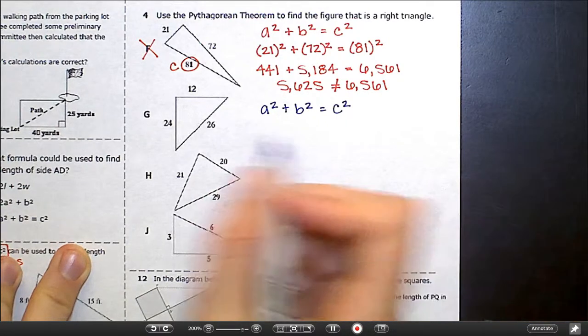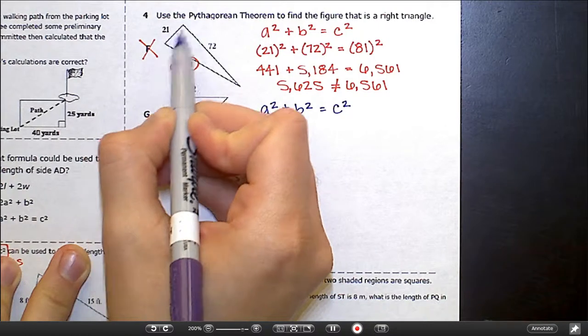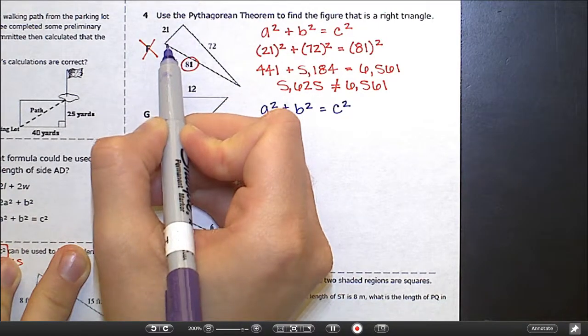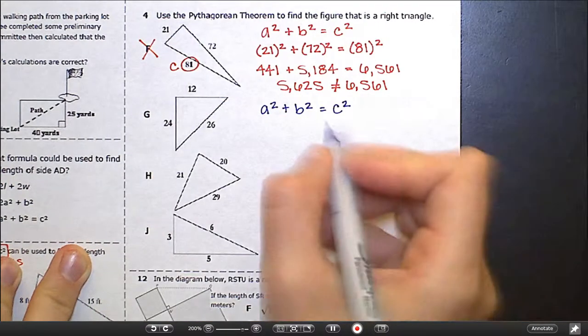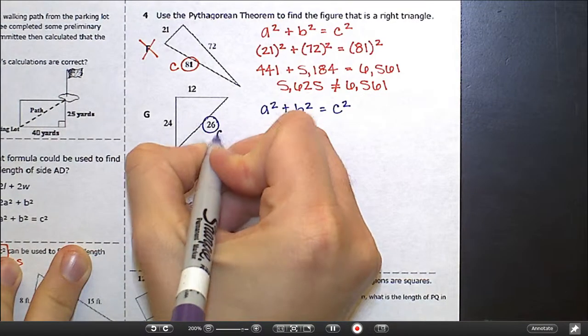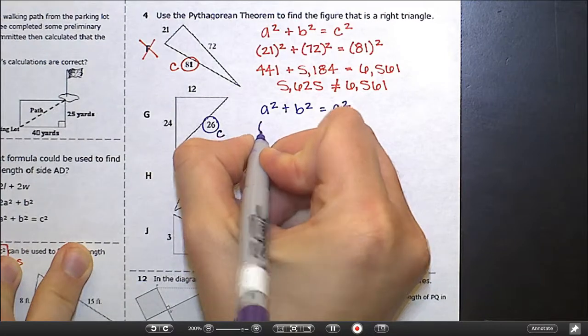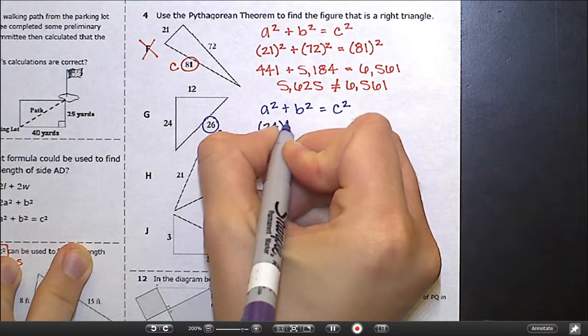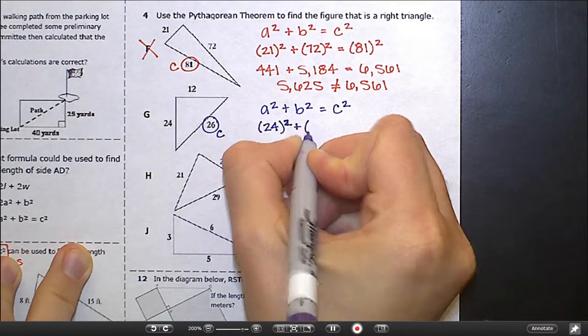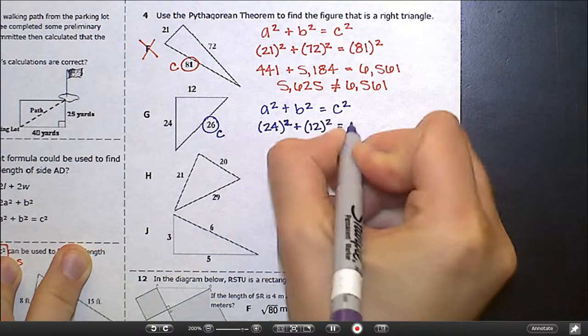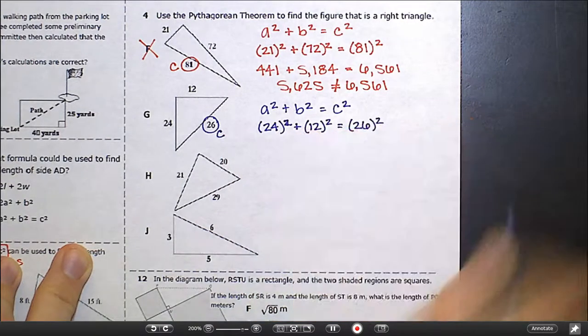If they told us that this was the longest side, then we would have to go based on the numbers, not what it looks like always. So C is going to be 26. So we'll use 24 for A, 24 squared, plus 12 squared equals 26 squared.